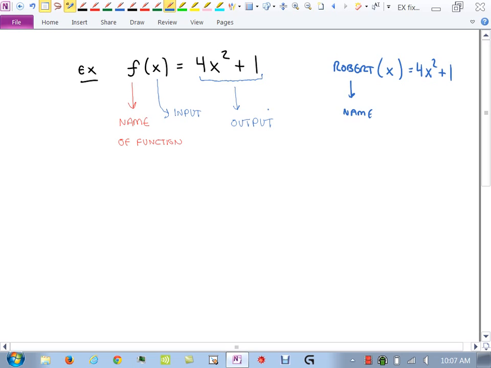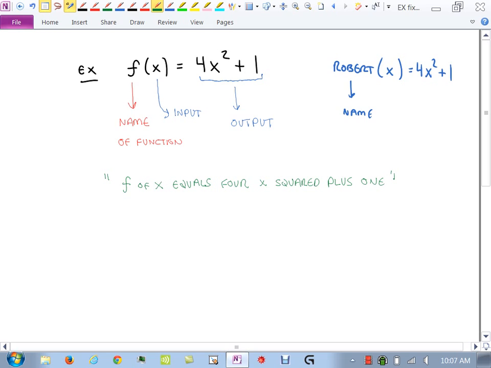Now, if I were to be sitting here trying to read this to you, like if I were trying to say that line across the top, here's the way I would say it. Like in English, I would say F of X equals 4x squared plus 1.